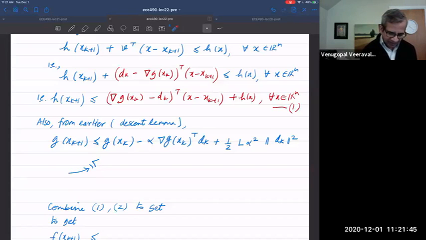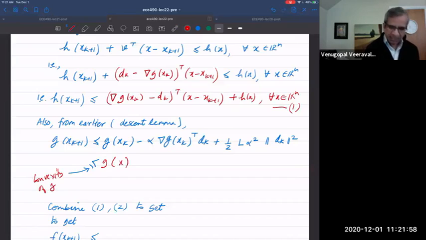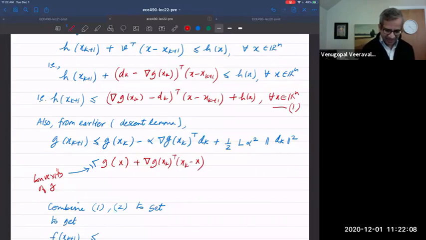So from convexity, I can write g of xk in terms of g of x for any x in R^n. So convexity of g: I'll write it in terms of g of x, but then I have to add to it the gradient of g of xk transpose times xk minus x.